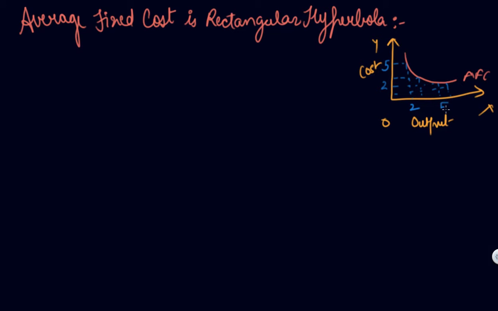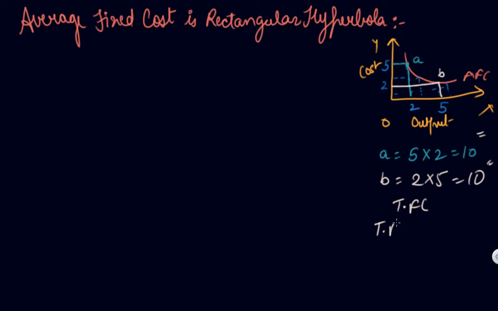The area, if you calculate for your first point, that is A, let's say, is 5 into 2, that is 10. And now if you calculate the area for your second point, that is, let's say, B, again it's 2 into 5, that is 10. So this 10 is your total fixed cost.